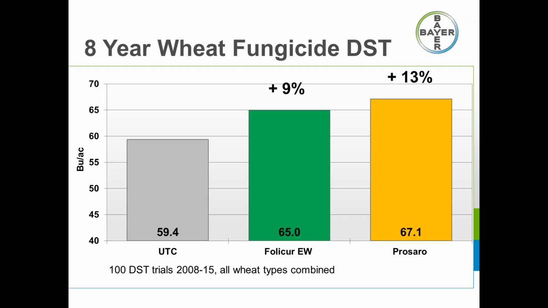So really consider the management from an agronomic standpoint, reducing inoculum in your field from year to year, but also directly impacting the bottom line. Applying a foliar fungicide can really be a great strategy, not only agronomically, but also economically.